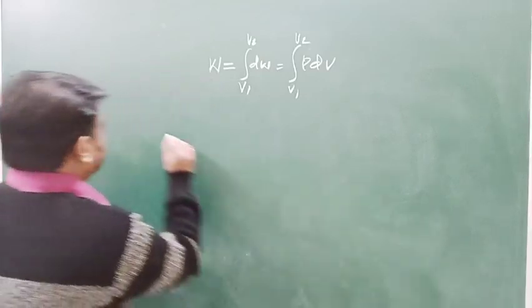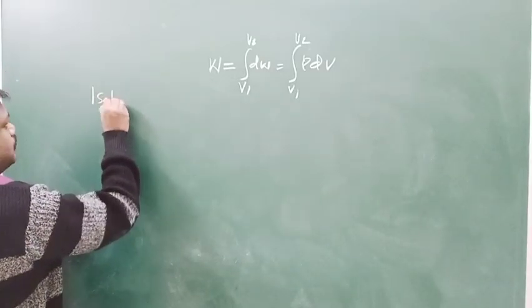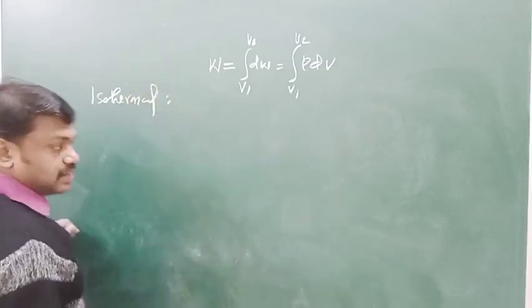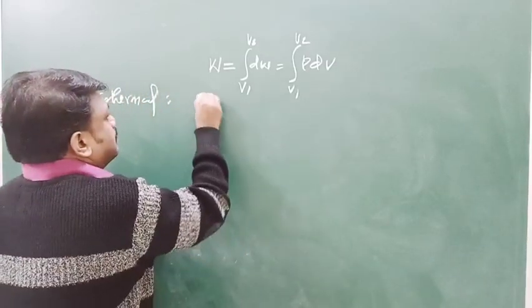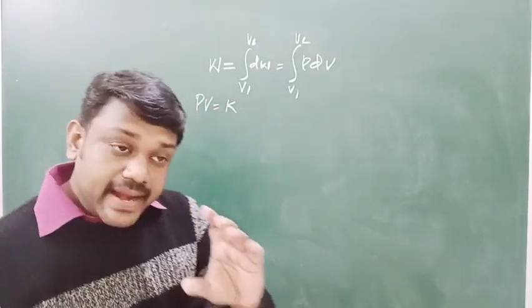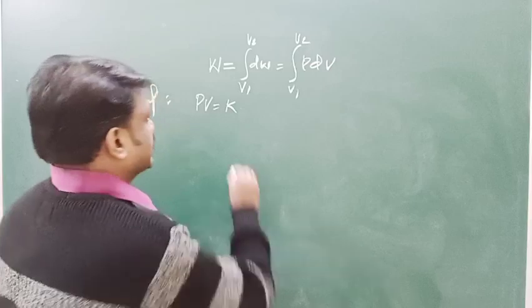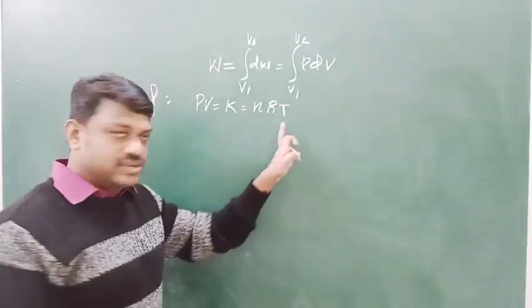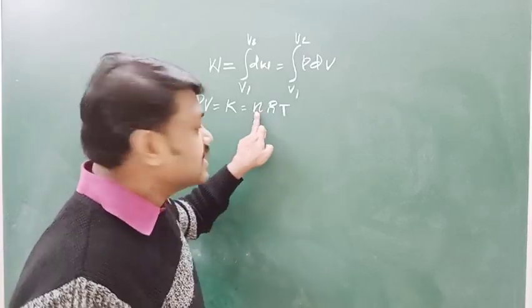For an isothermal process, we have PV equal to constant. Since it is an ideal gas, you can have this constant K equal to nRT, since T remains constant, where n is the number of moles.